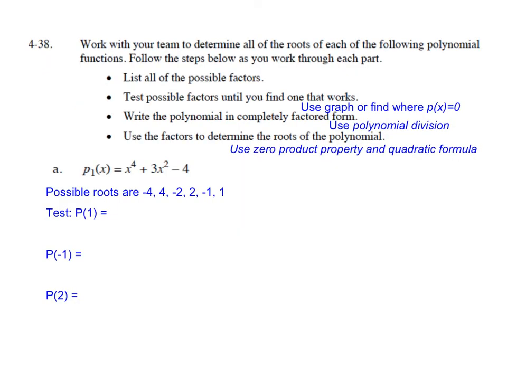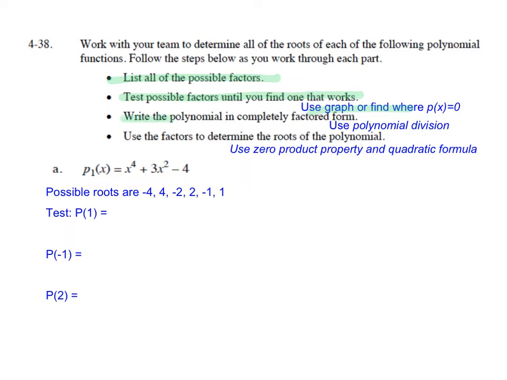Now, on these next few slides, we're going to repeat what we did on that last slide. We want to find possible roots for a polynomial. So we're going to start out by listing possible factors. We're going to test those or graph to find the actual factors.